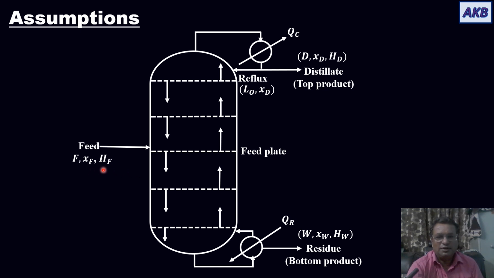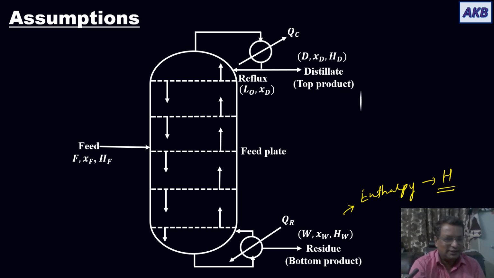For example, HF is the enthalpy of feed per unit mole, and HW is the enthalpy per unit mole of the bottom product. So basically H represents enthalpy per unit mole. I have discussed this in my previous videos. Please watch those videos, you will understand the concept.